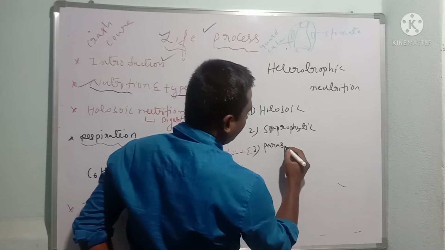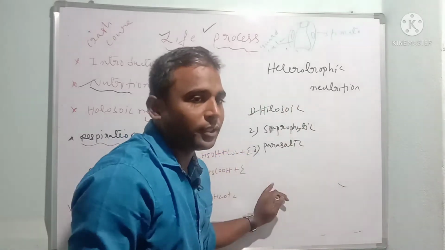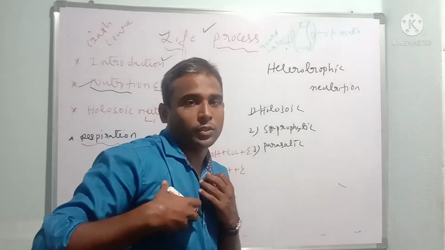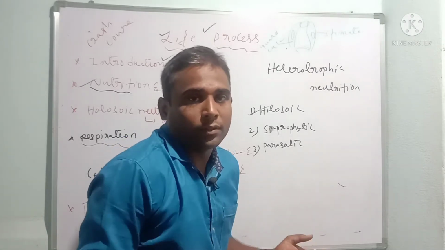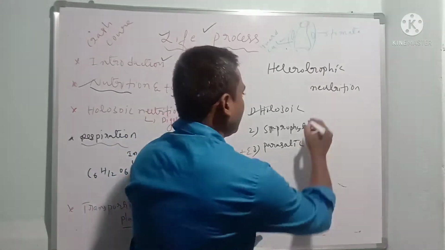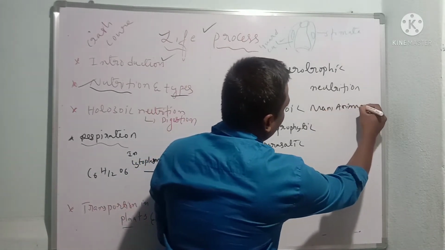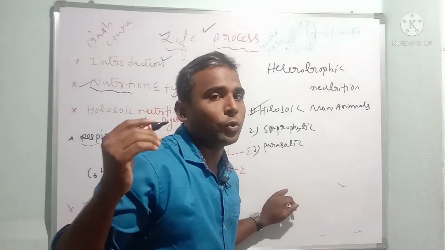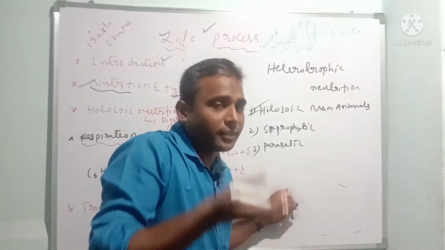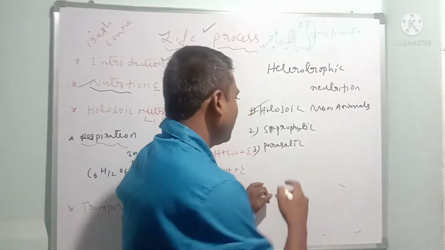Let us understand very simply. Holozoic means the process of taking solid food inside the body and converting complex molecules into simple molecules. For example, we, humans and animals, are the best example for the holozoic mode of nutrition. We take solid food and take the important elements into the body.